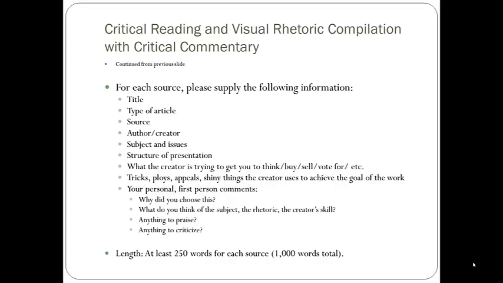Each one will need its own title, the type of article it is, the source, that's where you got it from, the person who authored or created it, the subject and issues that it addresses, the structure of presentation, whether it was a newspaper article or a video clip, what the creator is trying to get you to think, buy, sell, vote for, etc. What's the point of this article? Tricks, ploys, appeals, and your personal first comments.